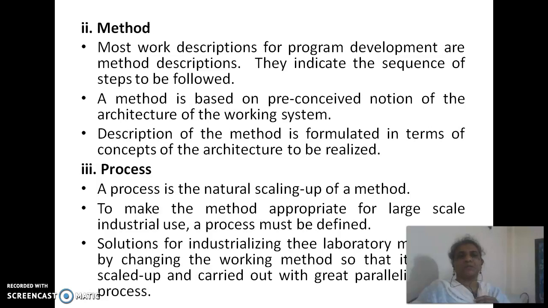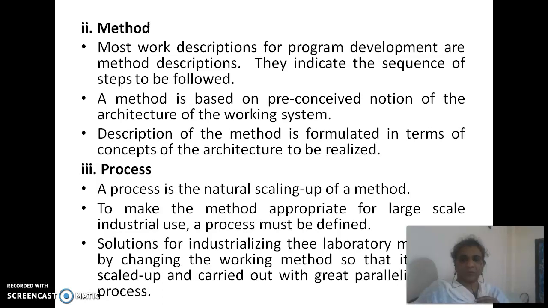Most work descriptions for program development are method descriptions. They indicate the sequence of steps to be followed. A method is based on a preconceived notion of the architecture of the working system. The description of the method is formulated in terms of concepts of the architecture to be realized.